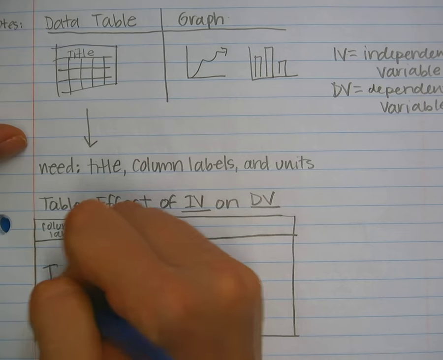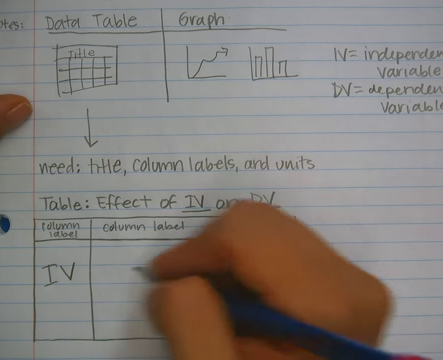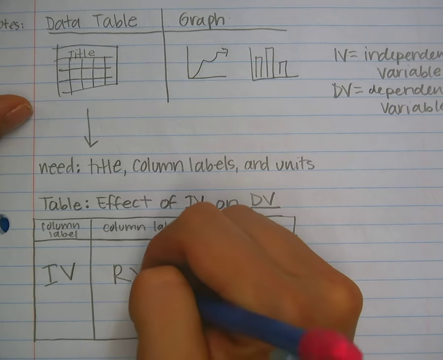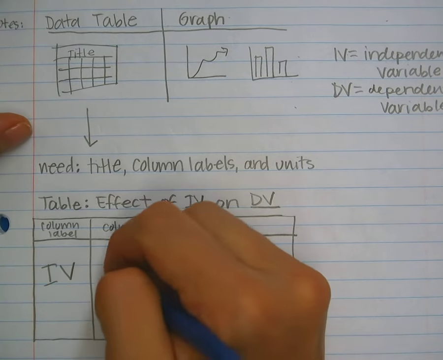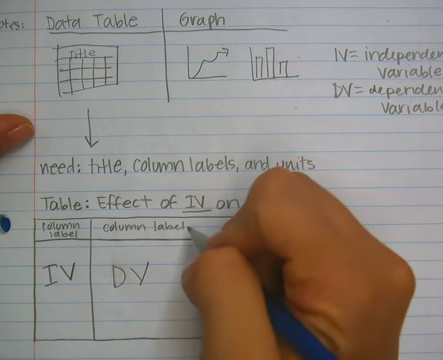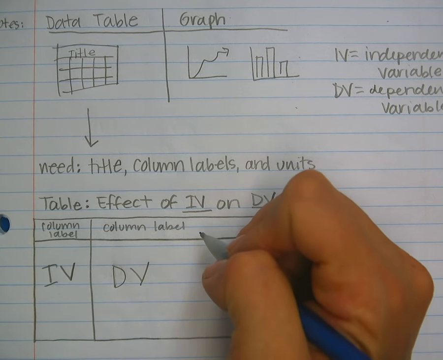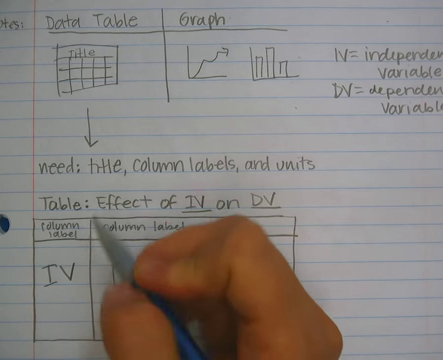Your independent variable tends to be on the left-hand side. And then you usually have your dependent variable on this side, whatever you're measuring. And usually up at the top you would have the units as well. And so I'm just going to write an example.